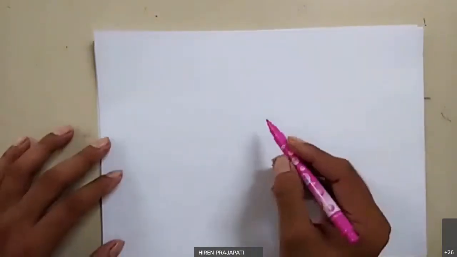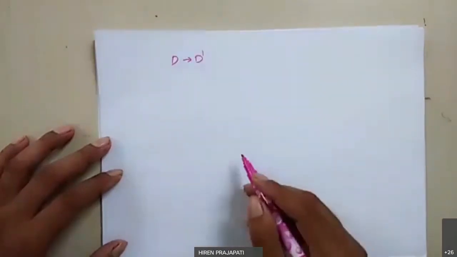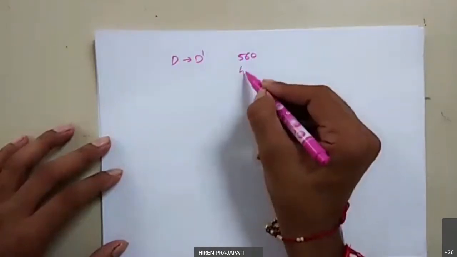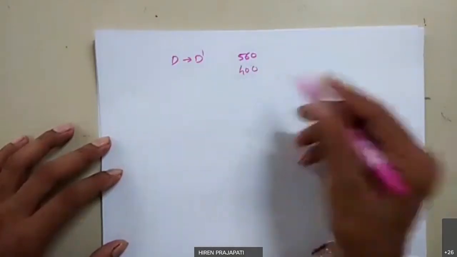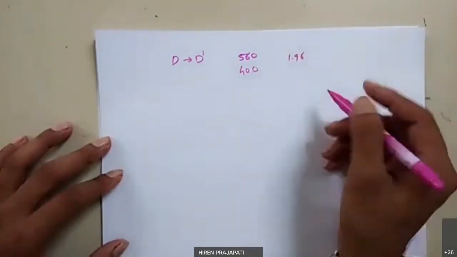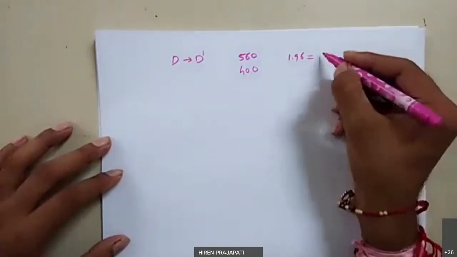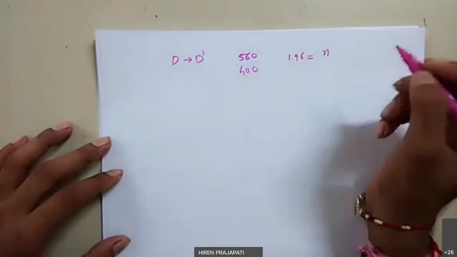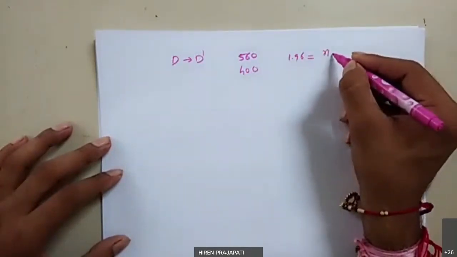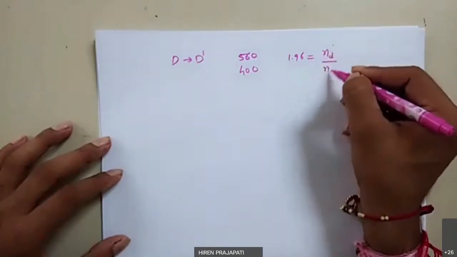So if we go for the D dash pair, the actual value we want is 560 and 400. But now use this corrected gear ratio, which is 1.96, right? And now we find the input speed, because this is nothing but the ratio between nd by nd dash.